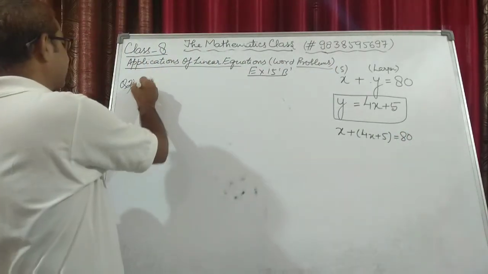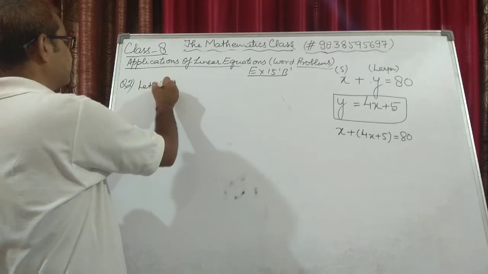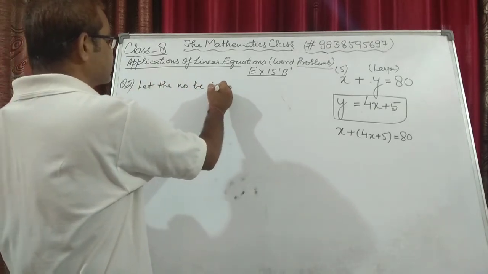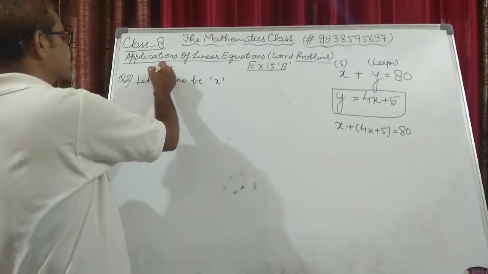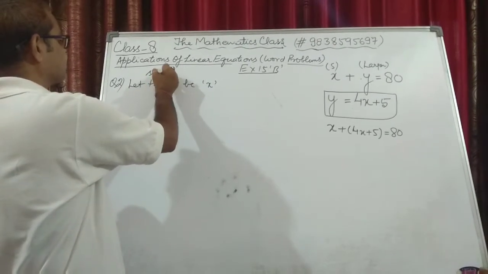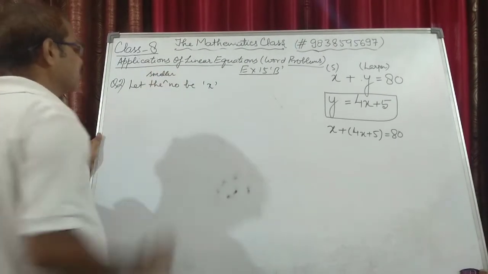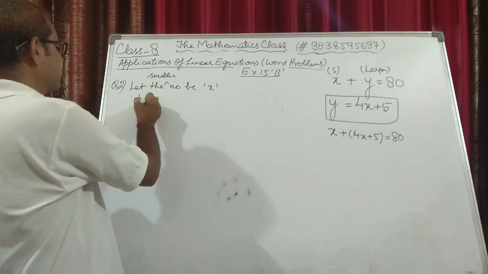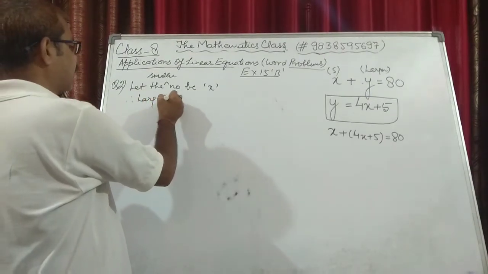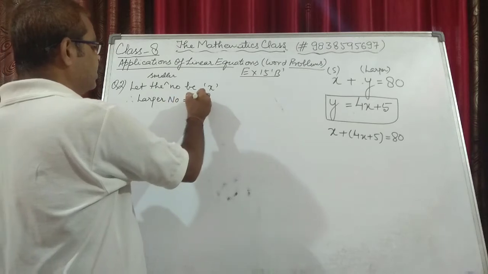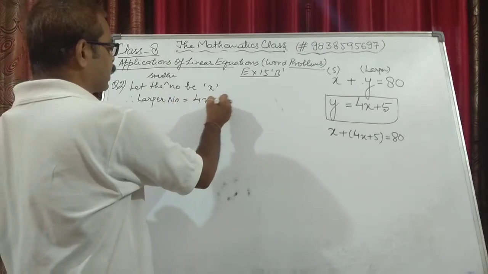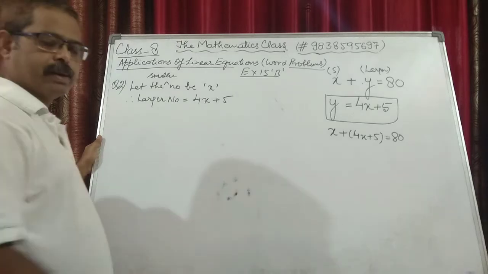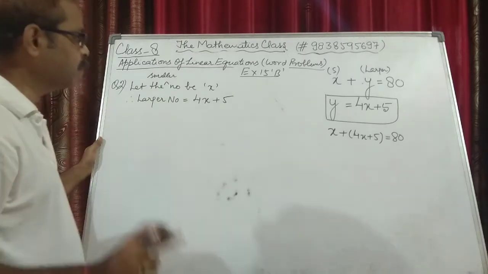We will write, let the smaller number be x. Therefore, the larger number will be 4 times the smaller number plus 5. Now we have got both the numbers in one variable.